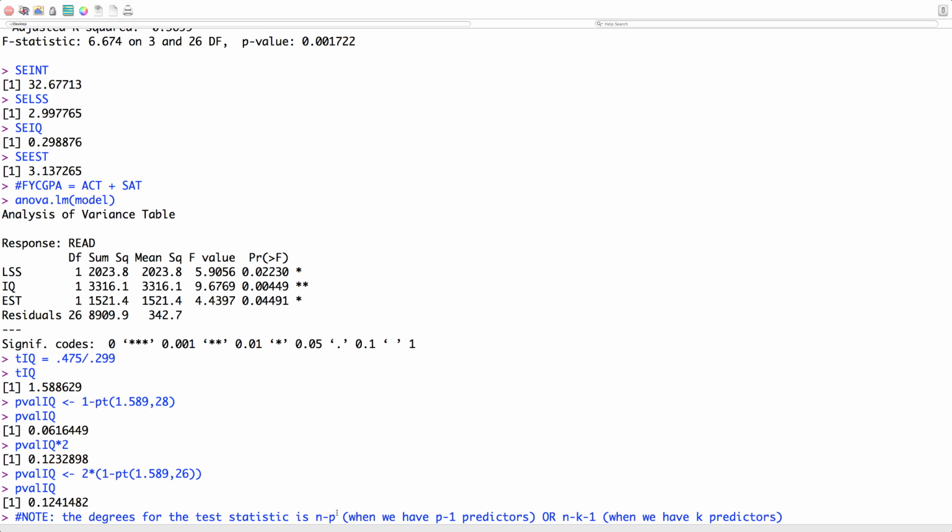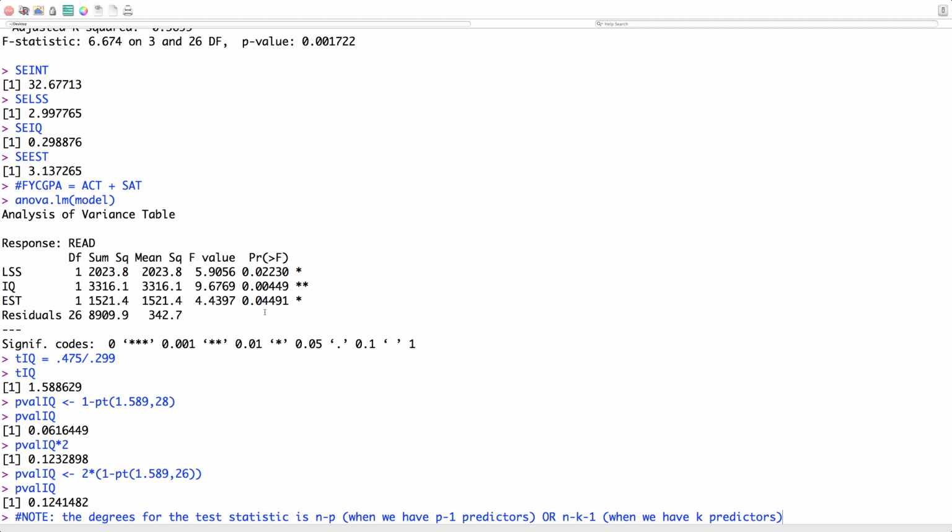So guys, here if we have p minus 1 predictors, then p is going to be 4, so 30 minus 4 gives us 26. And again, if we have k predictors, which would be 3, we would have 30 minus 3 minus 1, which is also 26. So just however we look at that, that's going to be our p-value.